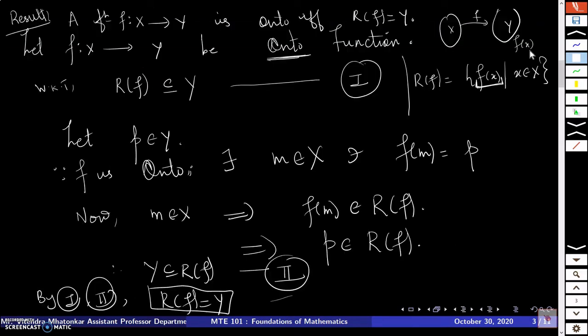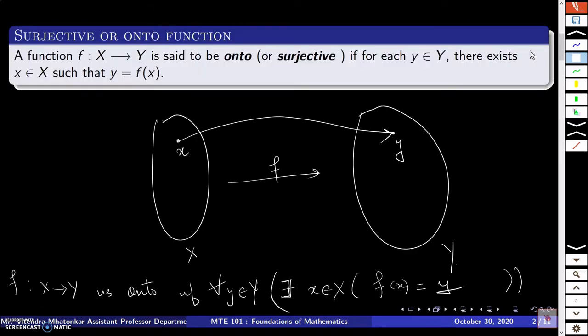I will go to the definition of an onto function using quantifiers. We stated that somewhere, that's here. So this is my statement: f from X to Y is onto. And when do we say that a function is onto? If for all y in Y there exists x in X such that f of x is equal to y.